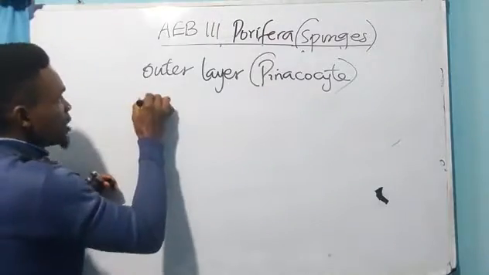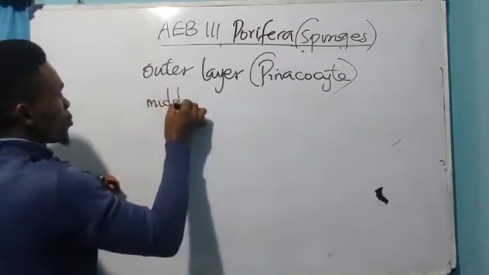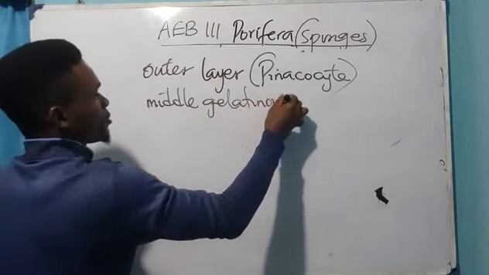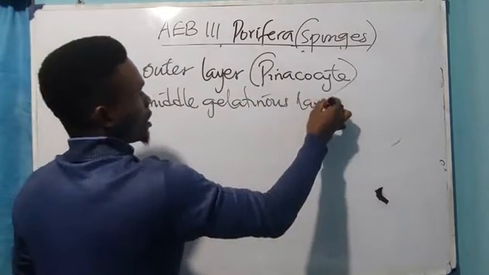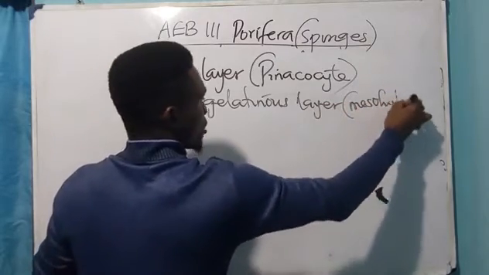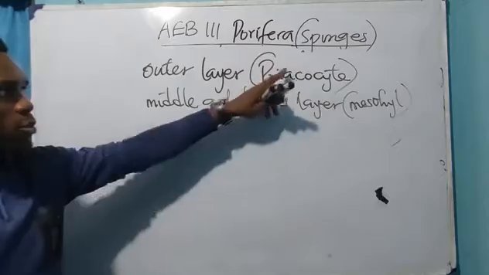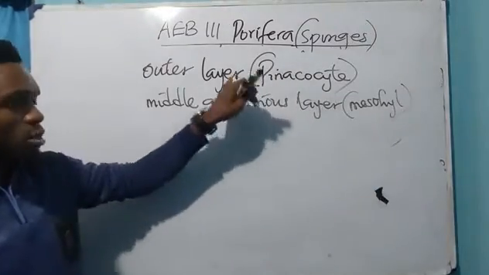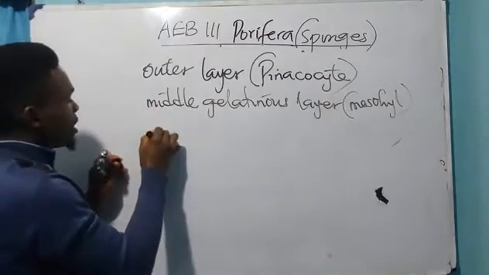You now have the middle gelatinous layer. This layer has the connective tissue called mesohyl. The connective tissue found in sponges is called mesohyl, and it's found at the middle layer of the body.